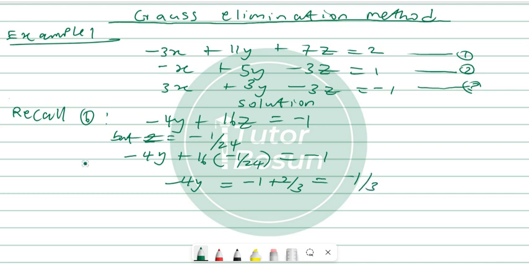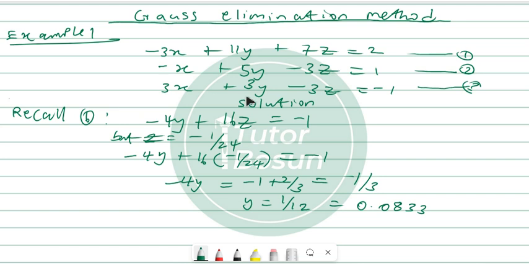Then divide both sides by 4, then y gives you 1 over 12. That in decimal form should give us 0.0833. So I've been able to get another unknown, which is y.